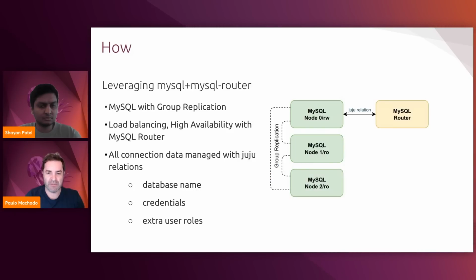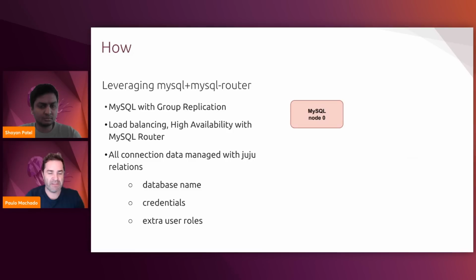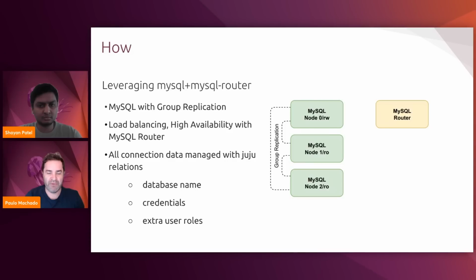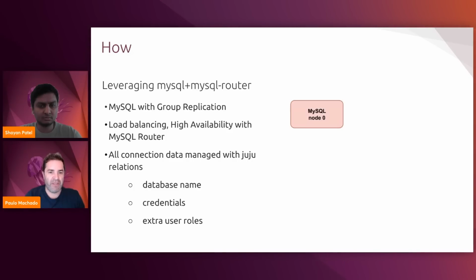The MySQL Router is a database proxy that sits between the application and the MySQL nodes in a cluster. An application will connect to the router and have different ports for either primary, read-write connection, or read-only connection, so dedicated ports for each.